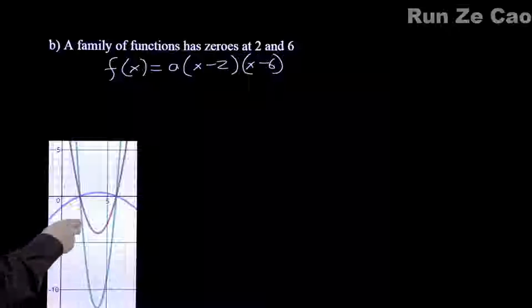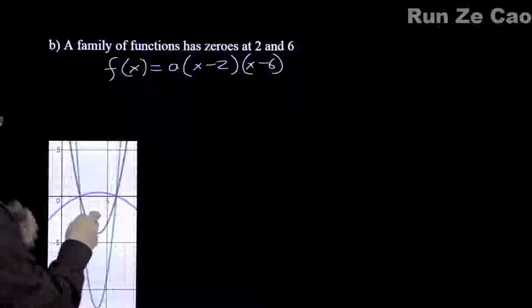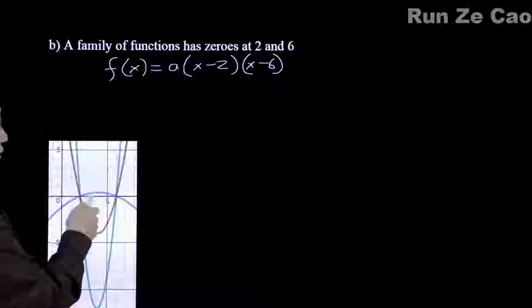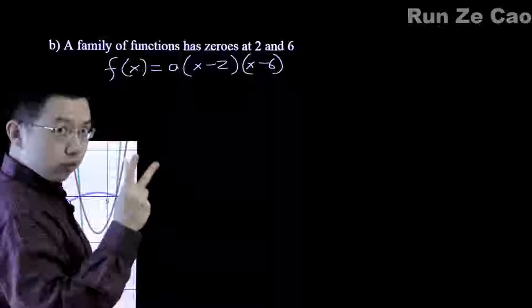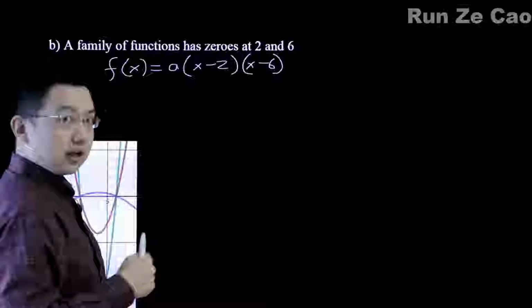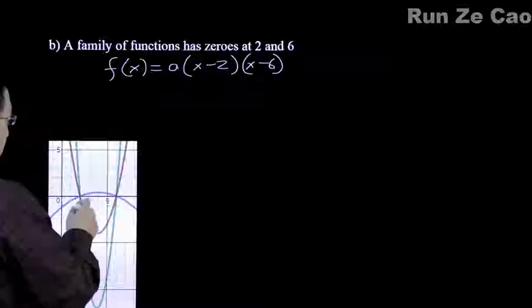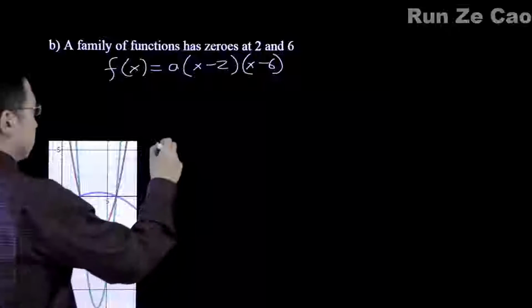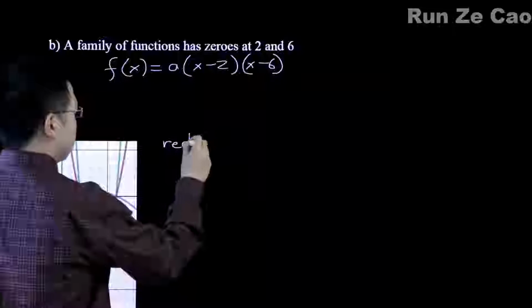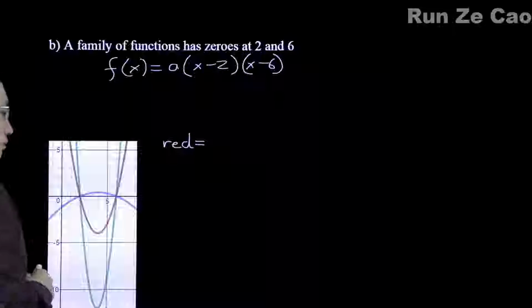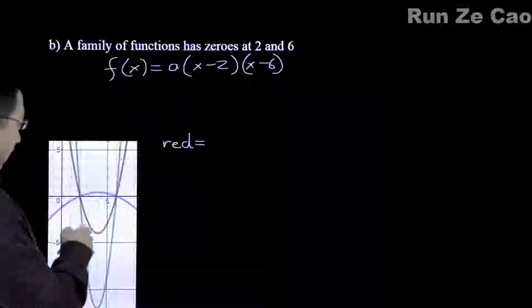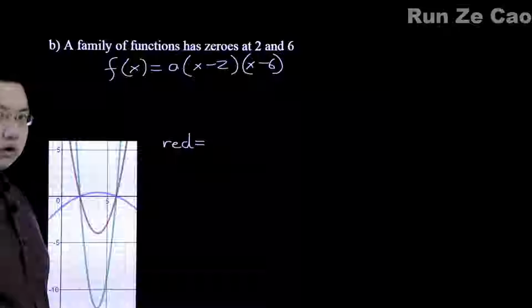So here, what we might have is, well, at 4, we have x minus 2, 2, and x minus 6, so negative 2. So this red line here, 2 times negative 2 times a is negative 4.